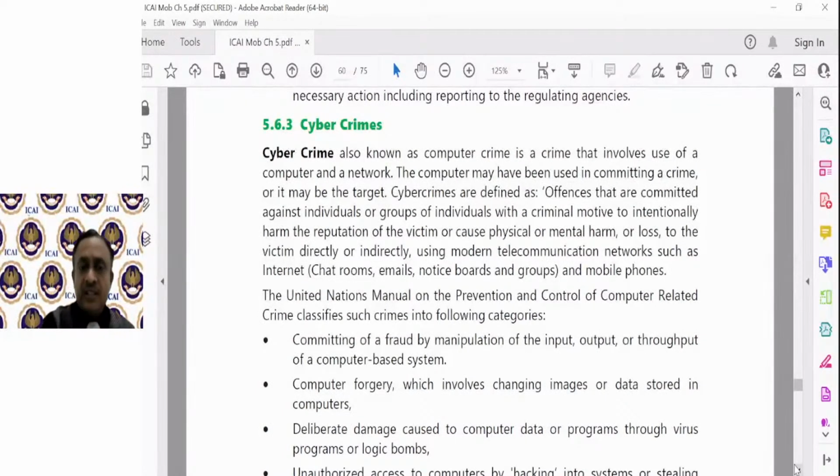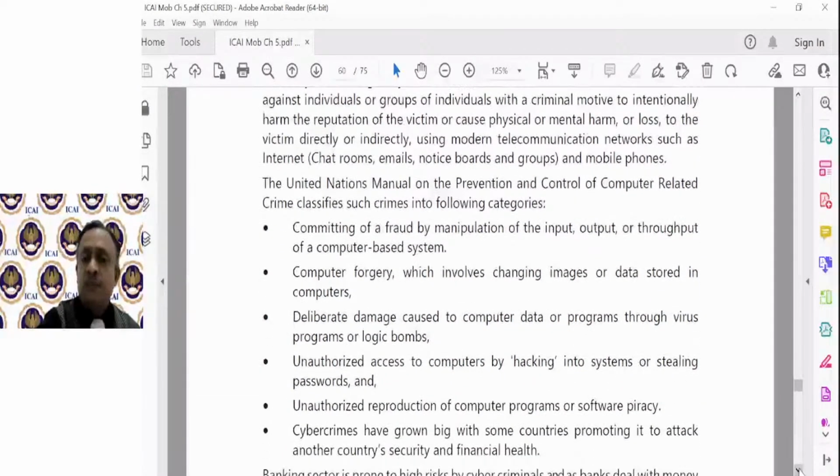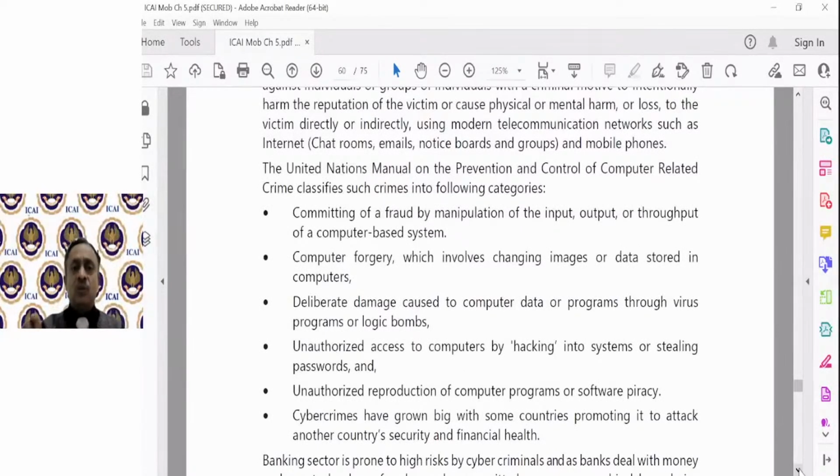And you see this definition of cybercrime as given by United Nations manual. Please read it. Just have an update to this. Read this along with the definitions you have read in Information Technology Act. I am just referring to Section 43, Section 65, 66, then 66B, C, D, E, F, 69.